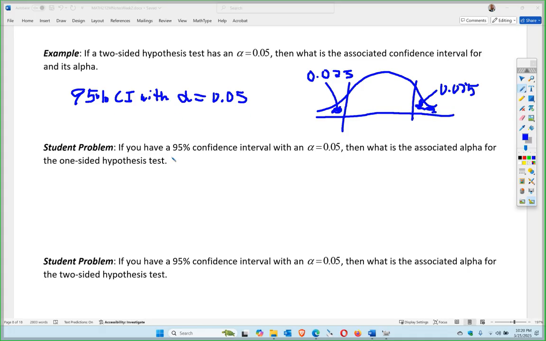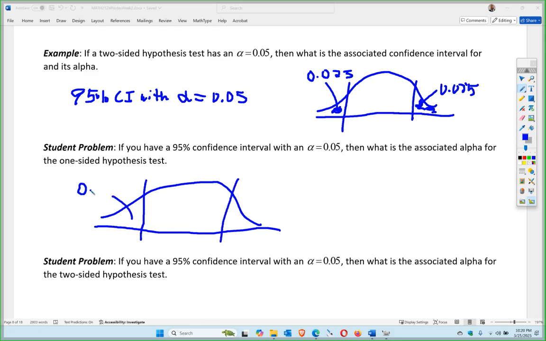Let's go the other way around now. A 95% confidence interval, with an alpha of this. Then what is the associated alpha for the one-sided hypothesis test? So this is 0.025, and this is 0.025, because all of our confidence intervals are two-sided for the ones we've done so far.